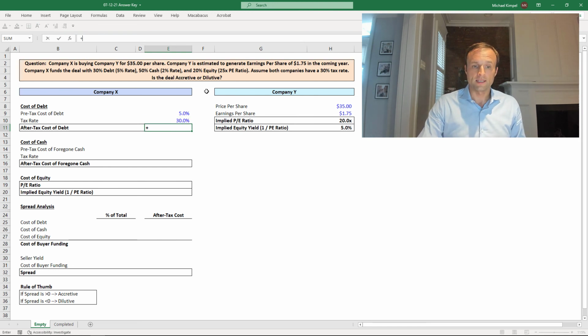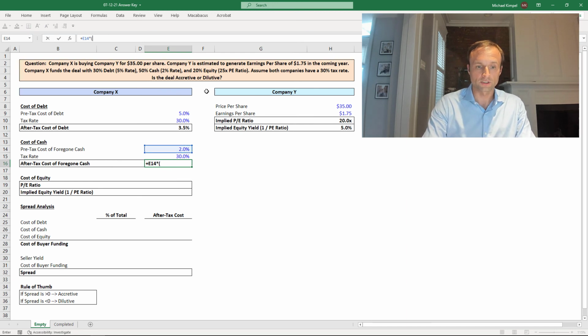So we're going to take the pre-tax cost of debt and multiply by 1 minus our tax rate. Now we can move on to the cost of cash, and it's a similar deal. We have a 2% cost of cash and a 30% tax rate, but we need to incorporate that tax rate into the cost of really foregone cash is a better way of putting it. And so what we're going to do is we're going to take the 2% cost of foregone cash, and we're going to multiply by 1 minus our tax rate here.